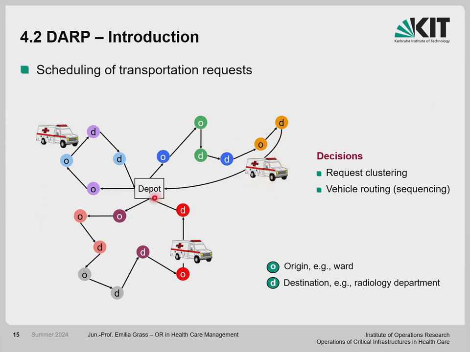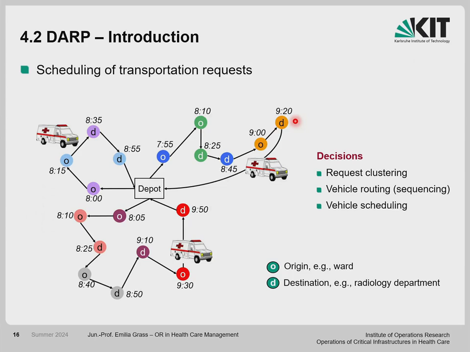For instance, this vehicle is leaving its depot, picking up the patient at the medical ward, picking up the second patient at the oncological ward, and then delivering the first patient to the first location and the blue patient to the blue location, and then on the way back to the depot, the vehicle is picking up the orange patient and bringing him to the orange destination ward, from the surgical ward to the medical ward or something like this. So this is the second type of decision we have to make.